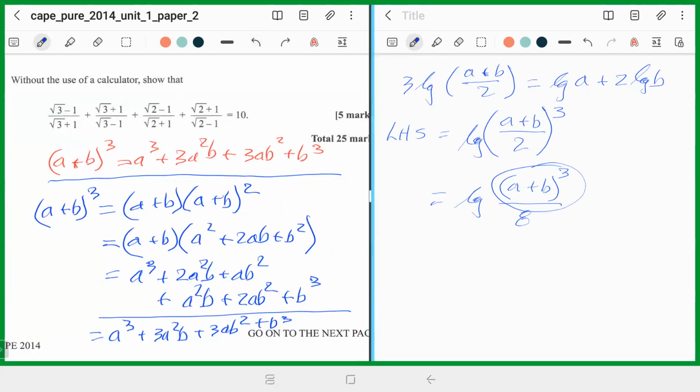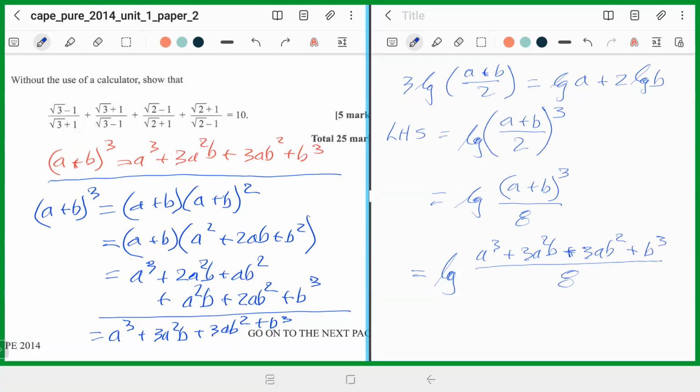Let's write it. So this then becomes equal to the log of (a cubed plus 3a squared b plus 3ab squared plus b cubed) all over 8.